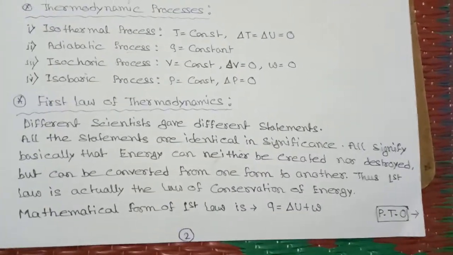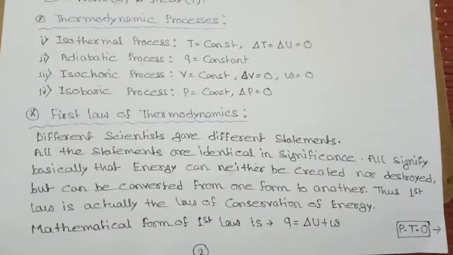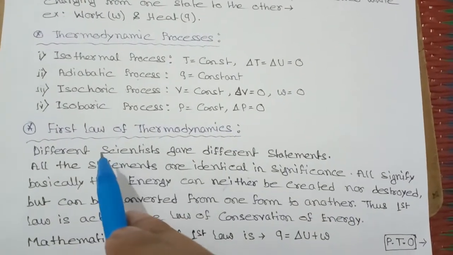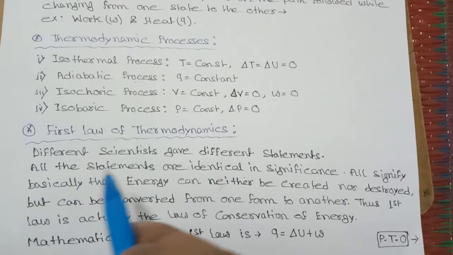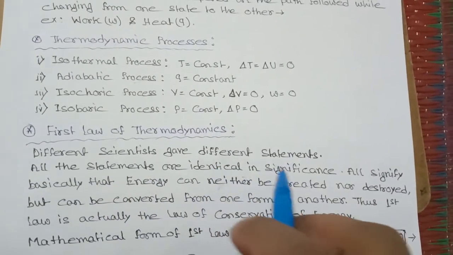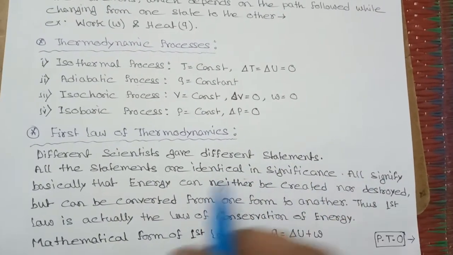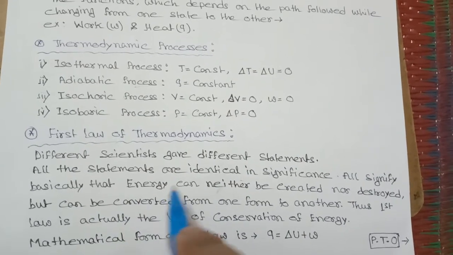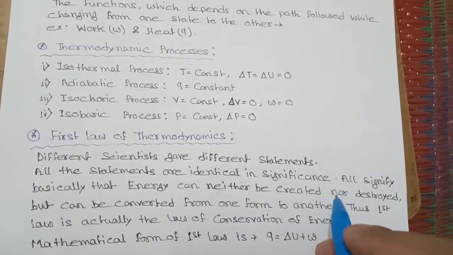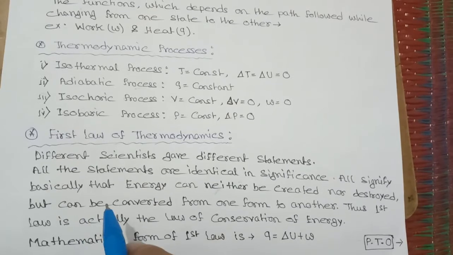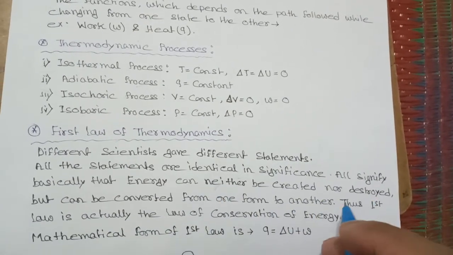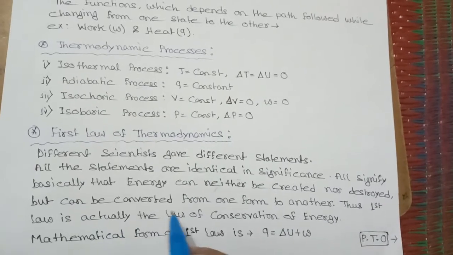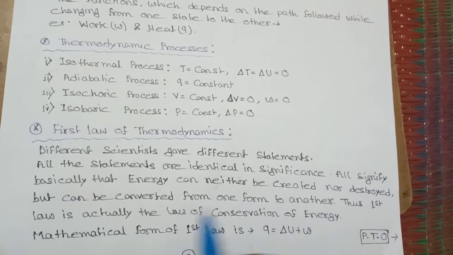Now we will learn the first law of thermodynamics. Different scientists gave different statements. All the statements are identical in significance. All signify basically that energy can neither be created nor destroyed, but can be converted from one form to another form. Thus, the first law is actually the law of conservation of energy.